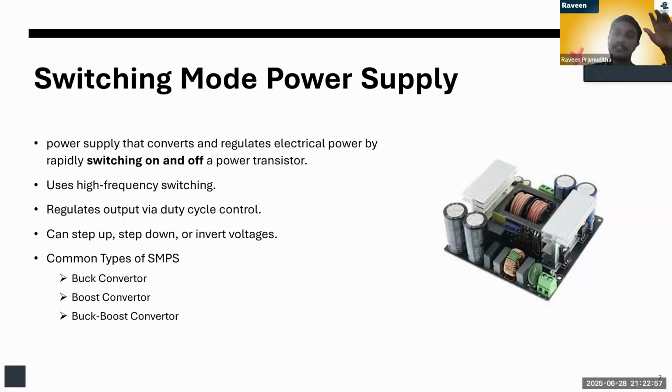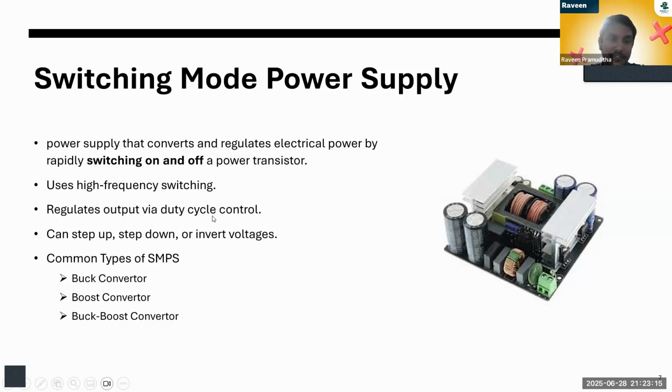We use a PWM signal for controlling the transistor, and we can use high frequency switching. We normally use 25 kilohertz switching frequency for this kind of switching mode power supplies.